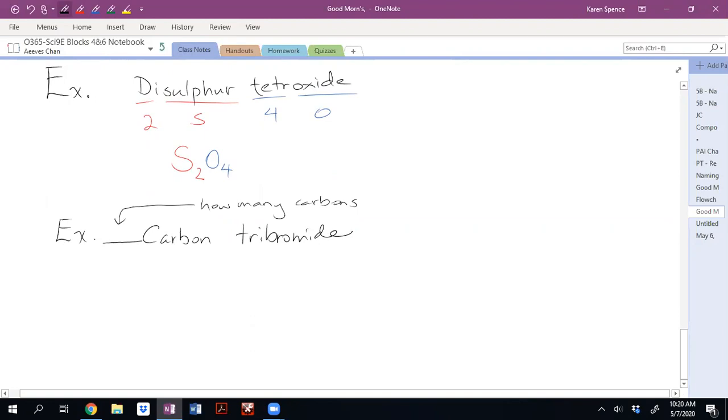Yeah, just one, because we leave mono off the first word. So that would be 1 carbon, and we do not put the 1 down at the bottom. And we would have tribromide, so that would be 3 bromides.